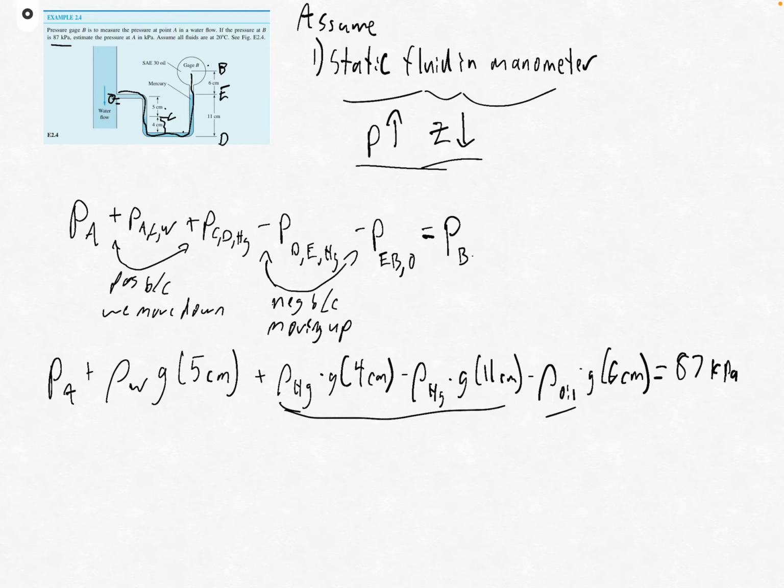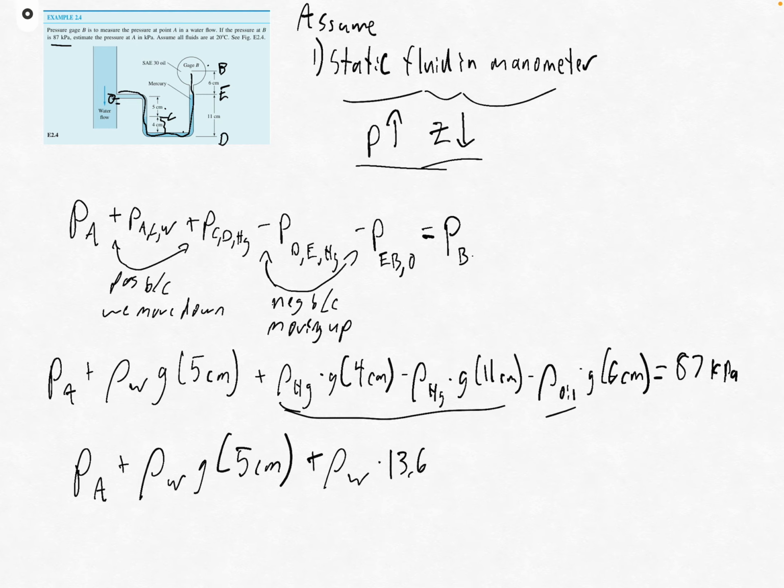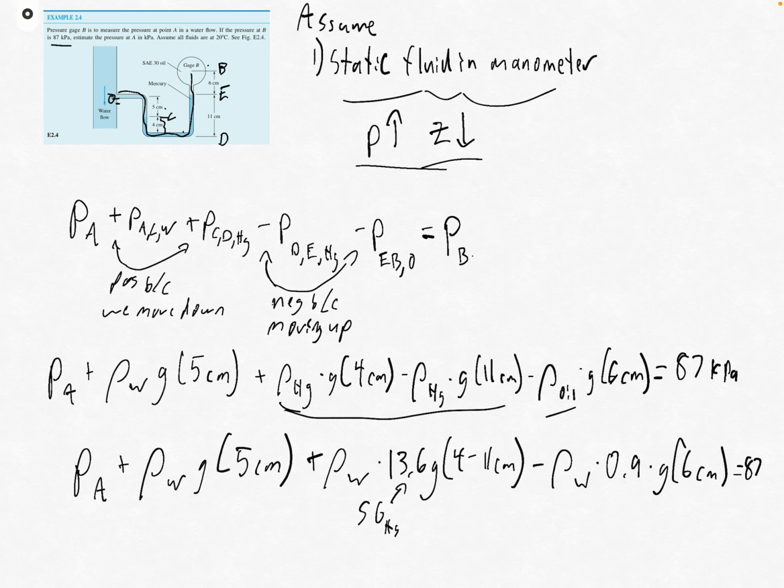If we do that, we'll gather together these mercury terms into one term, and we'll end up with PA plus rho water times G times 5 centimeters, plus rho water times 13.6, the specific gravity of mercury, times G, times 4 minus 11 centimeters, minus rho water times 0.9, the specific gravity of oil, times G times 6 centimeters, equals 87 kPa. Sorry, I dropped a G in my mercury term, so we'll put a G in there.